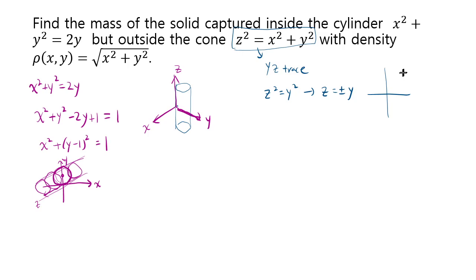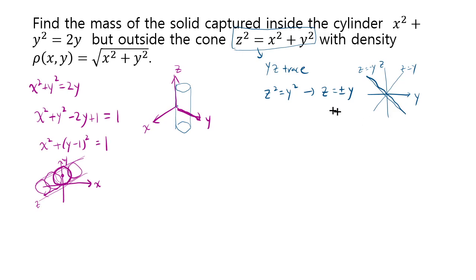So z equals y is the 45-degree line, and z equals negative y is this. If you took the xz trace, you'll get the same thing.